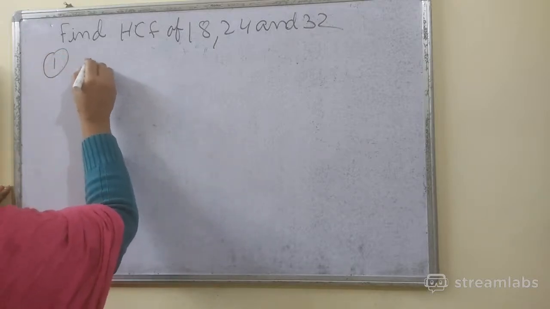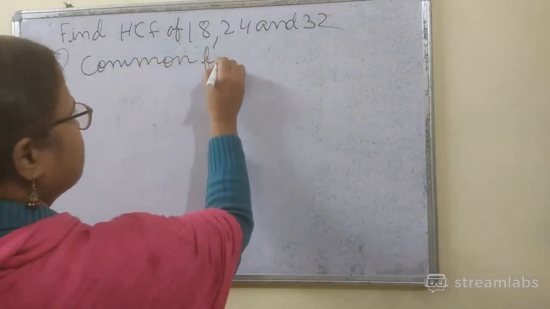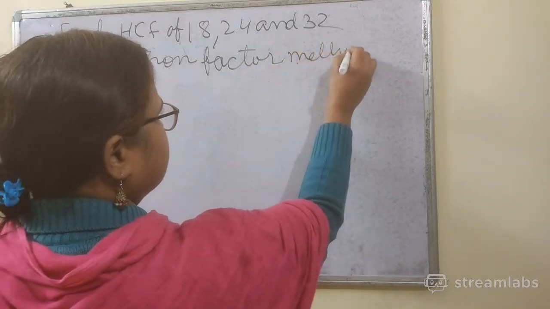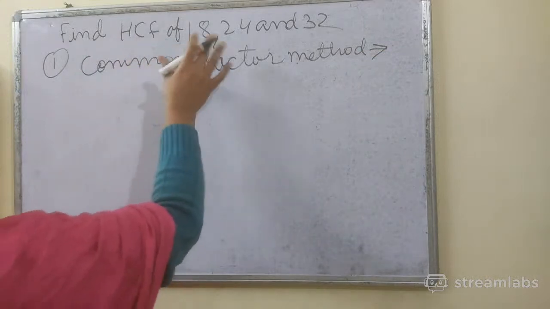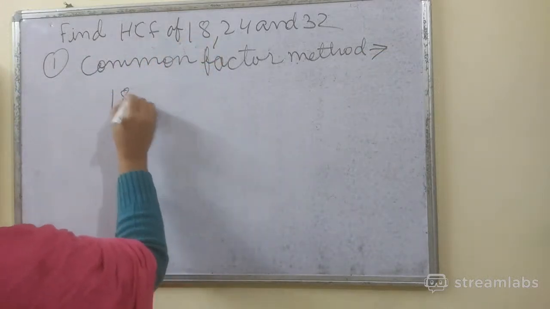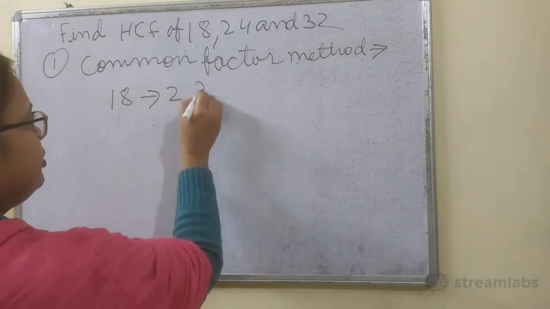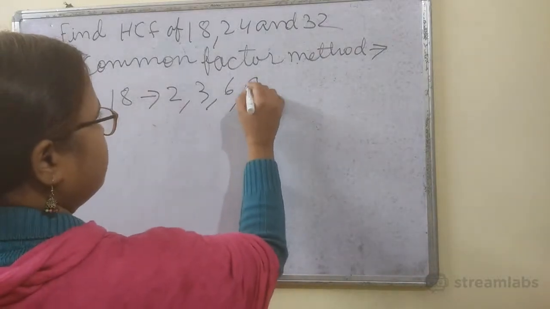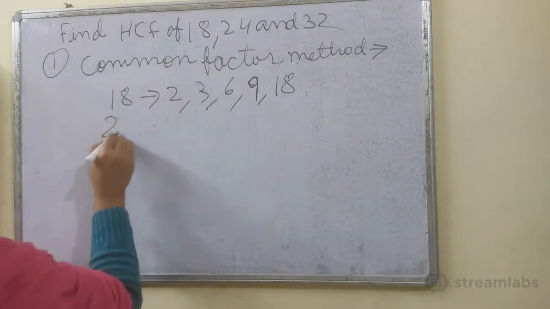the common factor method. So first find out the factors of 18. So 2, 3, 6, then 9, then 18. Then 24.